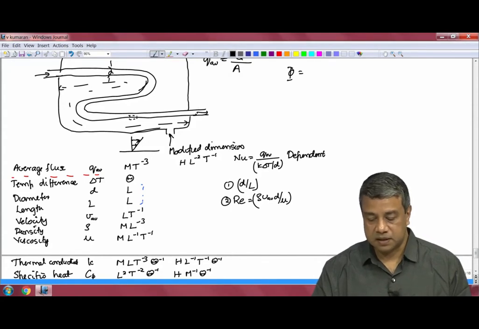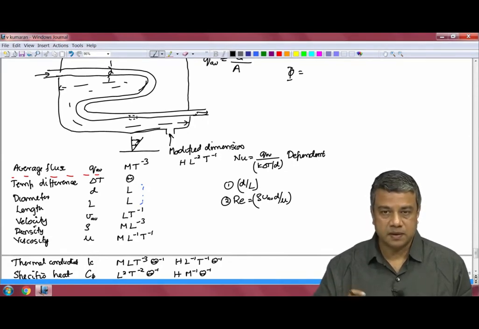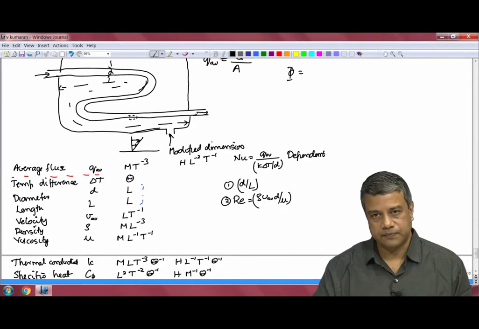If I scale it by the thermal conductivity, then the heat energy dimension also cancels out, okay. The heat energy dimension also cancels out if I scale the specific heat by the thermal conductivity, and then I get a quantity that depends only upon mass, length and time, okay.